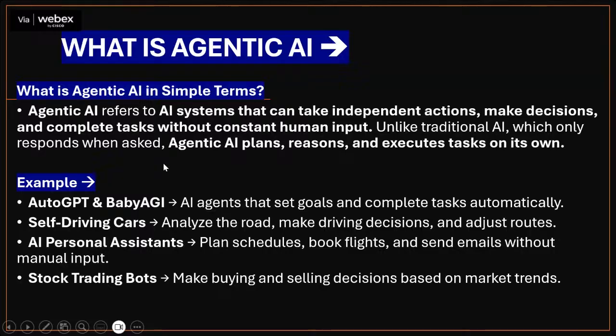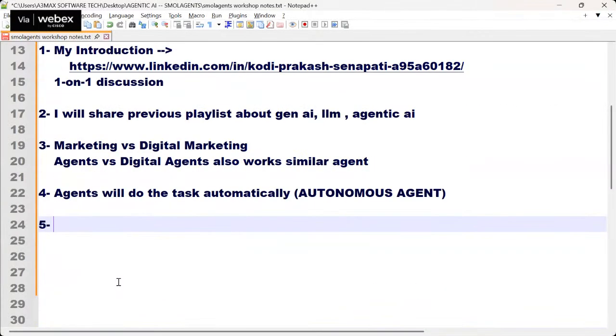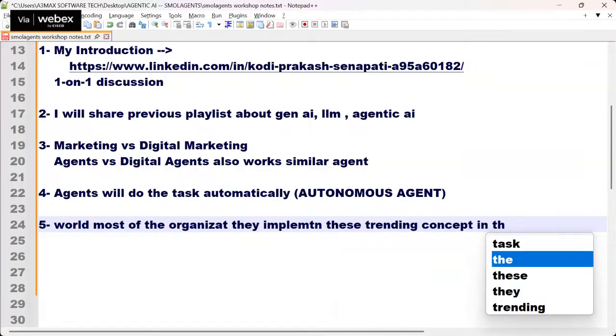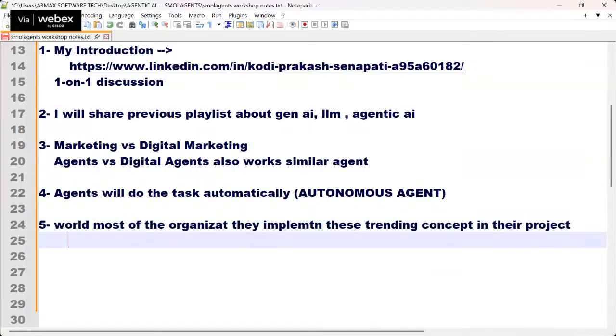Most companies are doing research in the world. Most organizations spend time researching and implement these trending concepts in their projects. That's why you see a lot of layoffs going on in every organization.